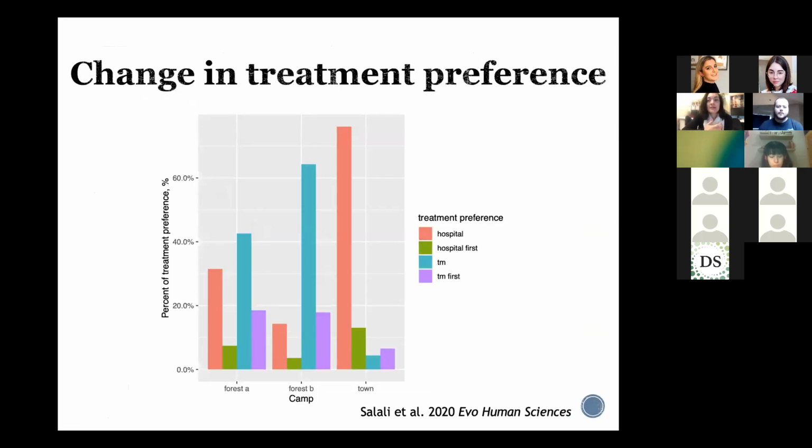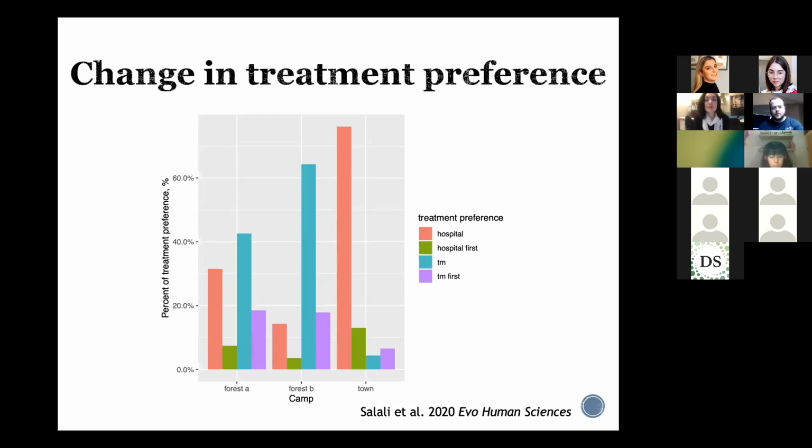And then I wanted to understand why this is happening. One thing that I need to tell is that in the logging town that I showed a photo of, there is a hospital that is run by the logging company, and they offer free treatment to hunter-gatherers as well.